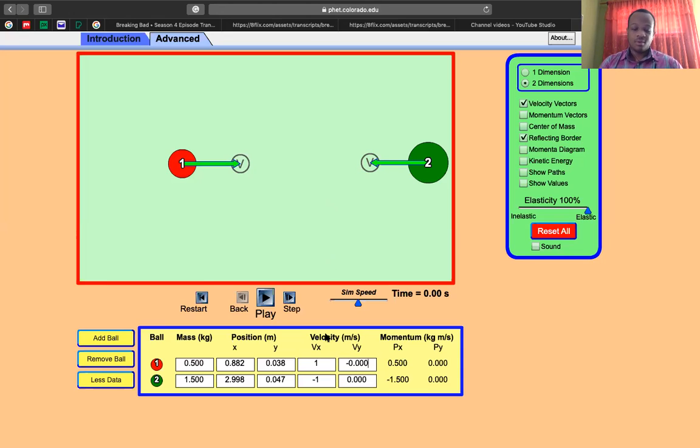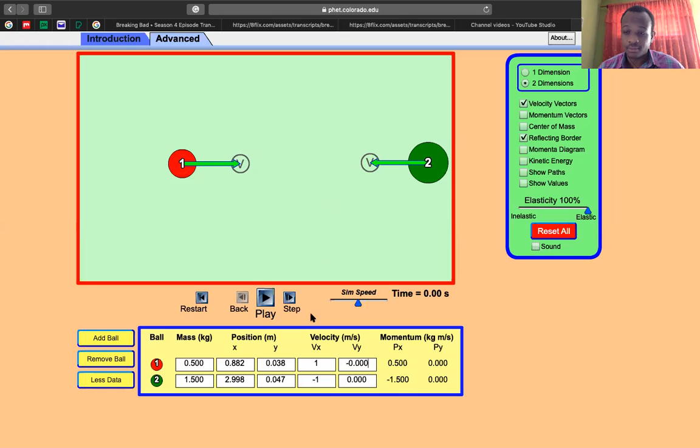Now, take note. We have the momentum for one at 0.5, and we have the momentum for two at 1.5. Now, add these two momentums, 0.5 and 1.5. What do we get?